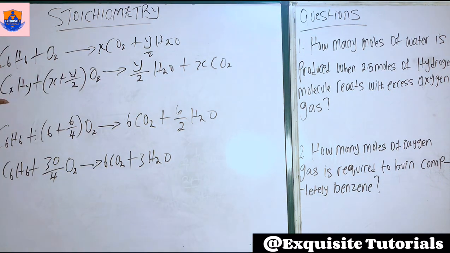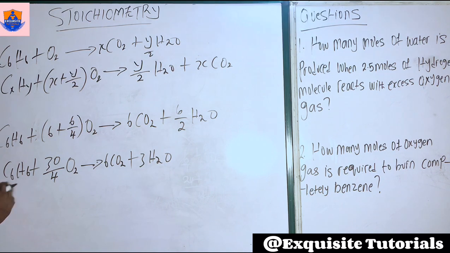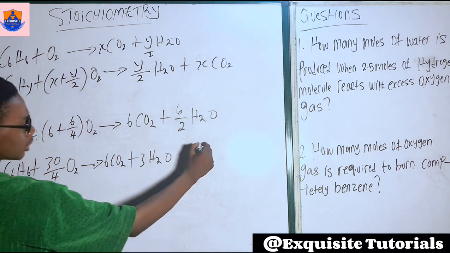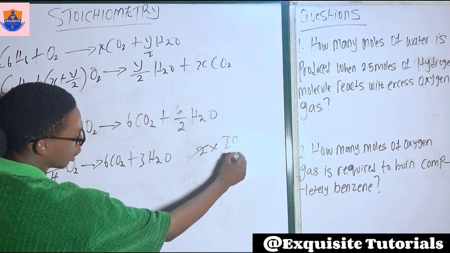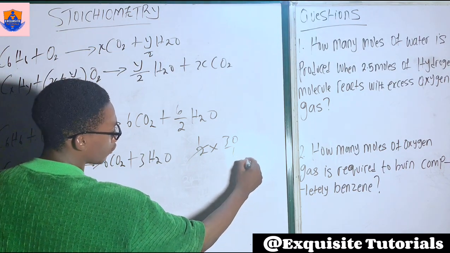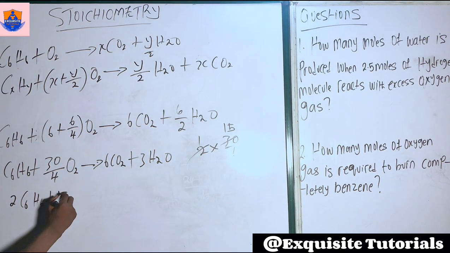Now since in this formula they didn't tell you how many moles of the organic compound, let's assume we are having 2 here, and we multiply every side by 2. So we have 2C6H6 plus 2 times 30 over 4, so we can cancel out, and we have 15 O2.